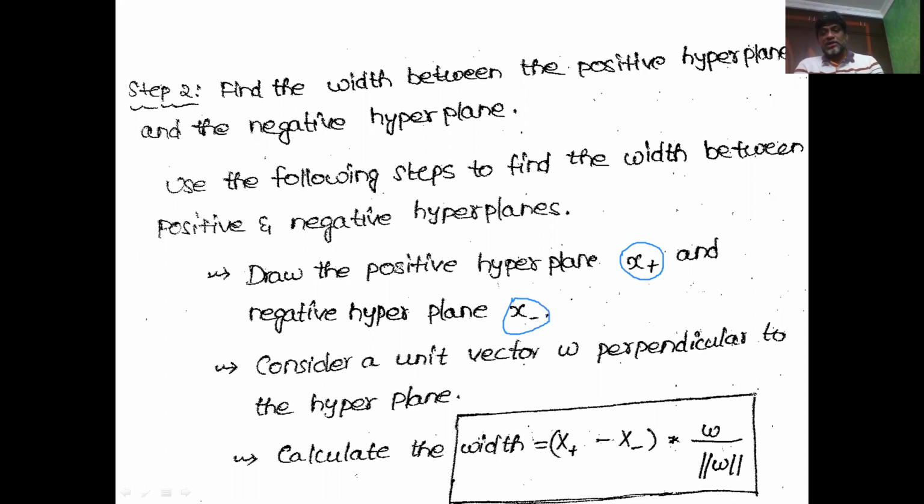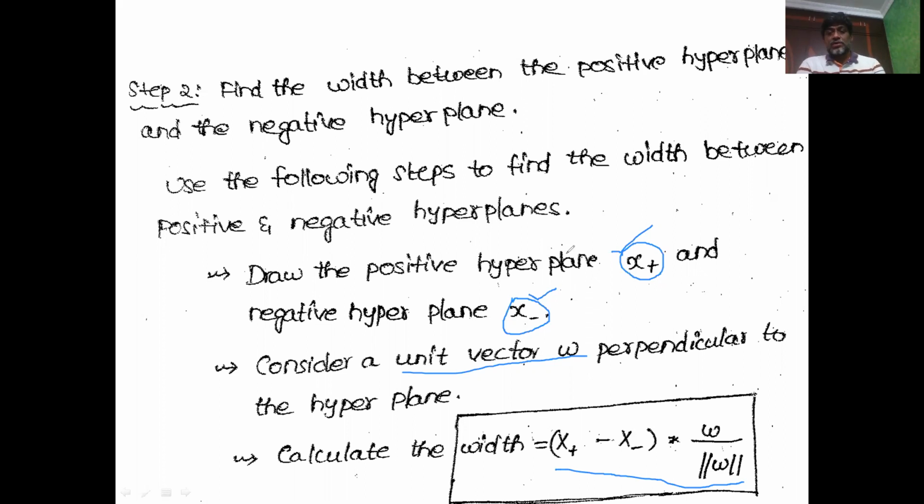Let us draw them, and then consider the unit vector w, which is perpendicular to the hyperplane. I'll show you how it is taken with the help of a diagram. The width is calculated with the formula (x plus - x minus) into w by the unit vector w.